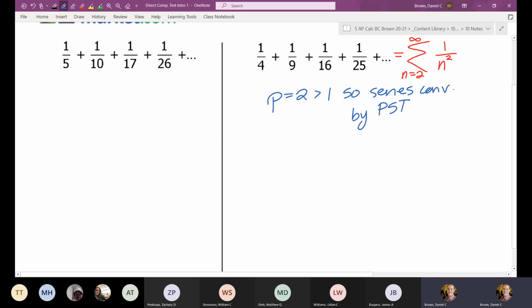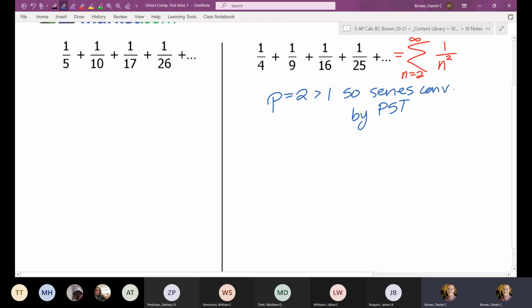By the p-series test. And the idea behind a direct comparison test is if we know something about this series, which we do, we just proved that it's convergent, and if we know one that is similar to it, we can sometimes, but not always, draw a conclusion. How is this second one similar to that p-series?